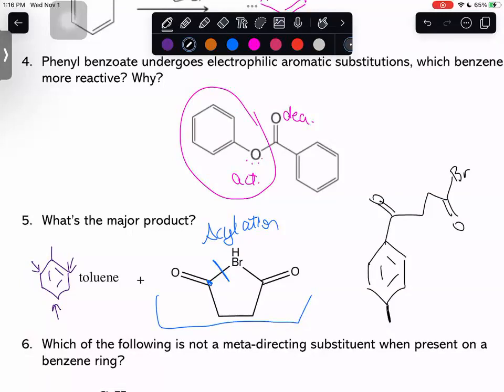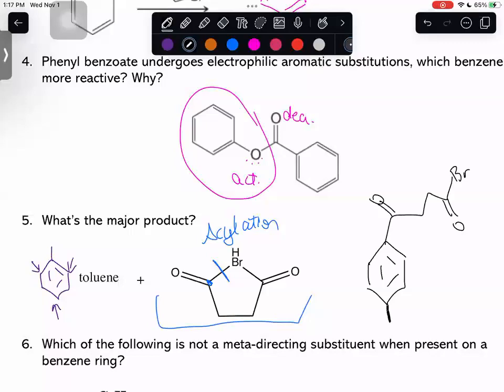Because the methyl group in the toluene is an activator that goes ortho and para. So yeah, sorry about that one. I know that was very confusing. So I'm gonna stop making problems of my own and just stay with the book, because I always get problems.